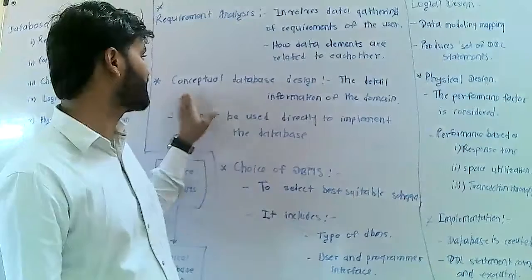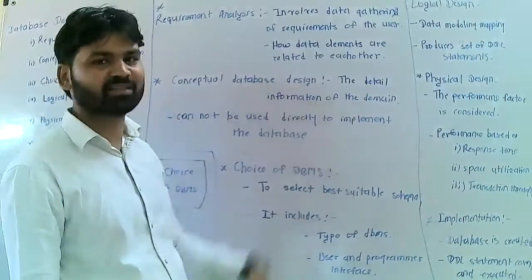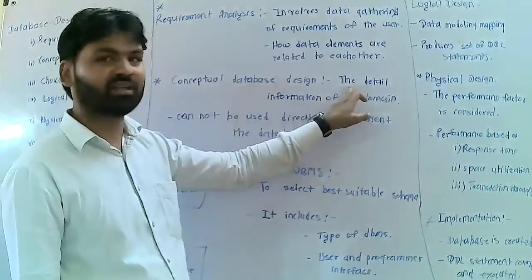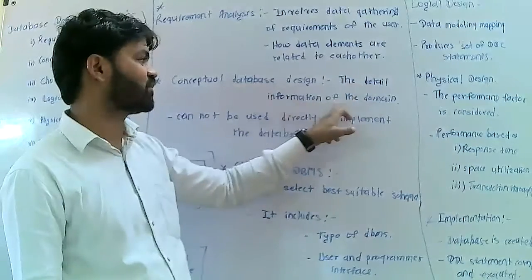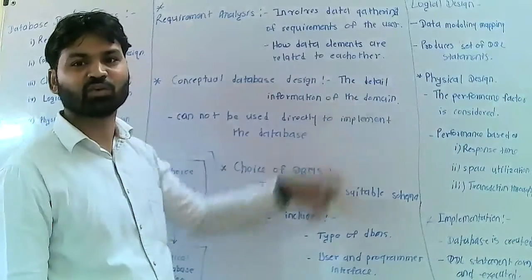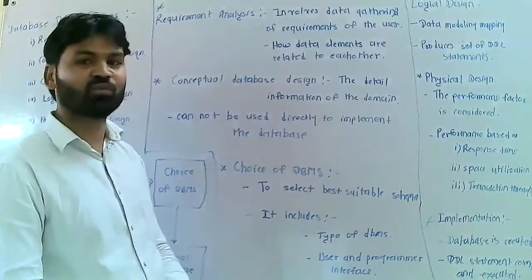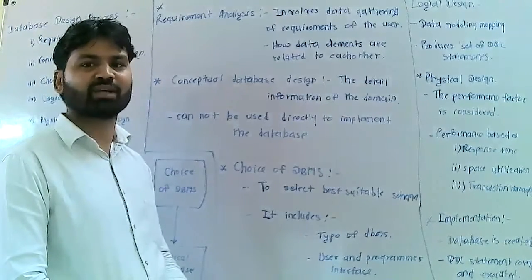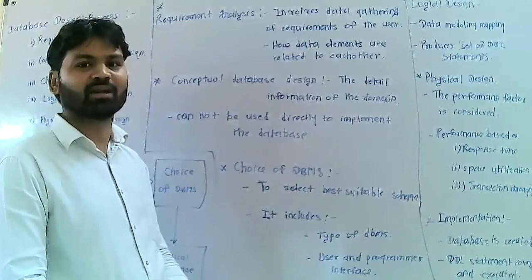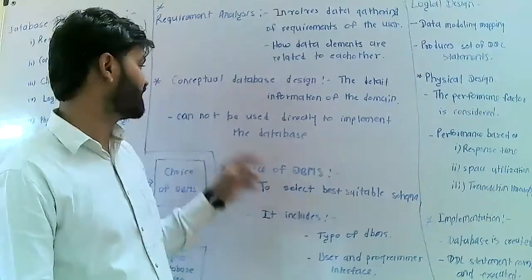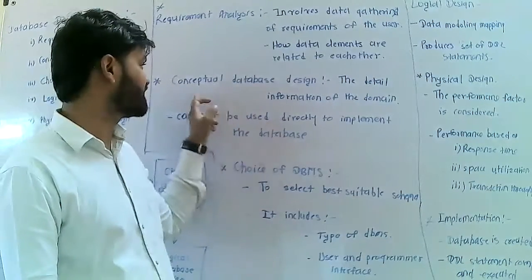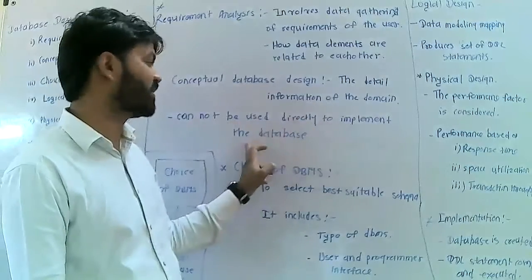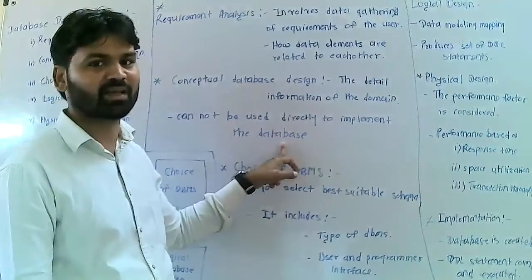Then second one is your conceptual database design. In this stage, you have to give the detailed information of your domain, your database domain. You have to collect all the information about your data objects and database design. This stage cannot be used directly for the implementation of your database design.